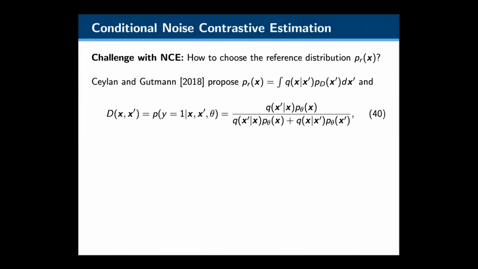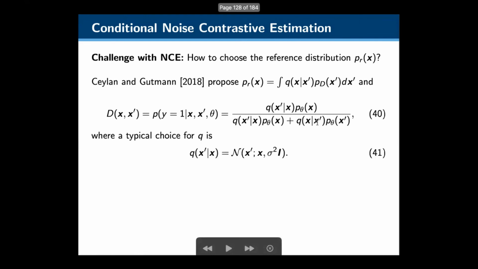Then you present these to your EBM and ask which one came from the true data and which one came from the perturbed version. So this is the classifier you get out of this under this definition. The typical choice for Q is small Gaussian noise again, but the important thing to note is that you start from the data and then you perturb that a little bit instead of just starting with Gaussian noise.